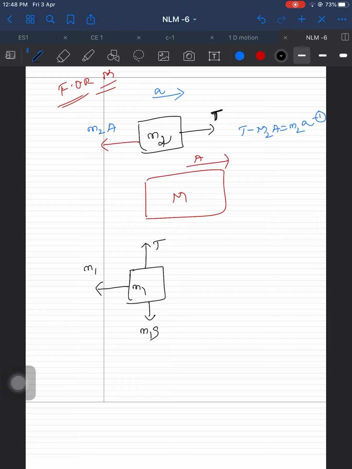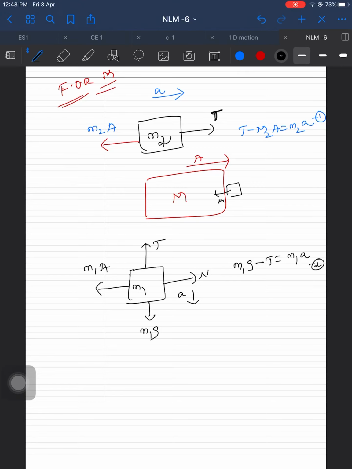Because the frame of reference is A, a pseudo force acts in the backward direction, M1 into A, and there is a normal force because it is in contact with this. Now how much acceleration is it moving downwards? a. m1 into g minus T is equal to m1 into a, equation 2.